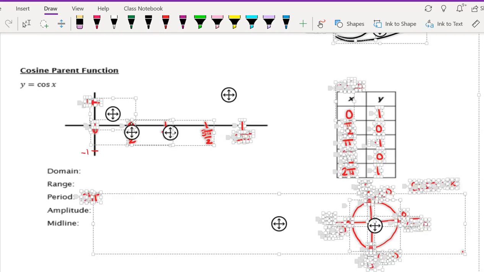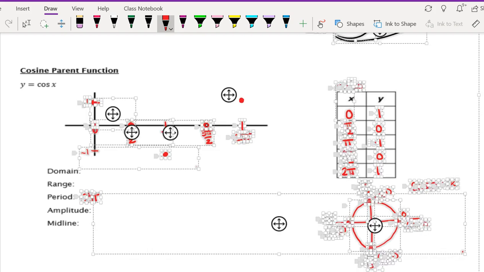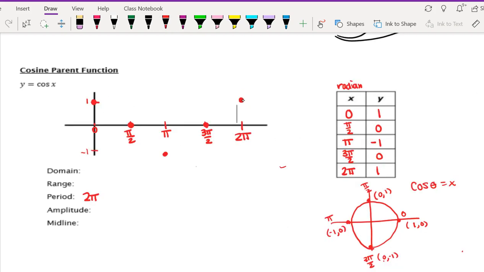So here's -1. There we go. At 3 pi over 2, I'm at 0 again. And then at 2 pi, I am back at 1. So then if I connect, this is going to look a little bit different.